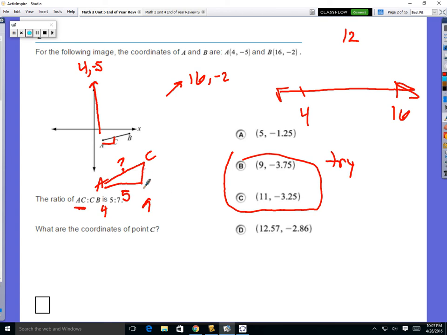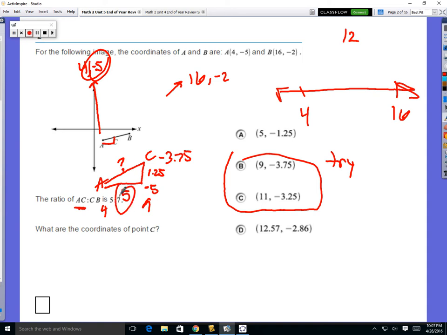And let's find the vertical distance. Okay, A is at minus 5, and I'm going to go to minus 3.75. And the distance between minus 3.75 and minus 5 is 1.25. Okay, so now I'm going to find this length right here.